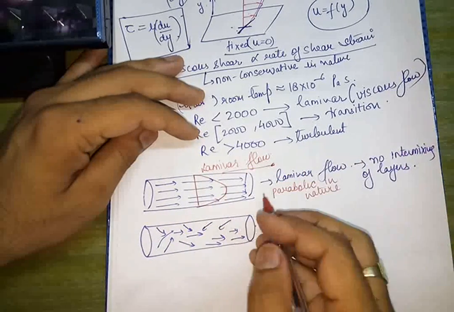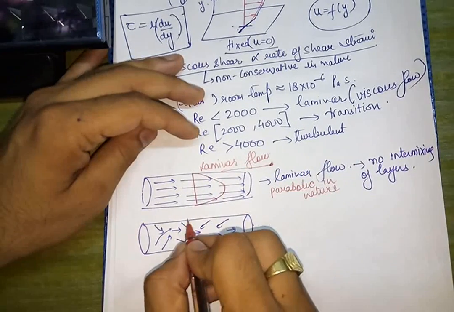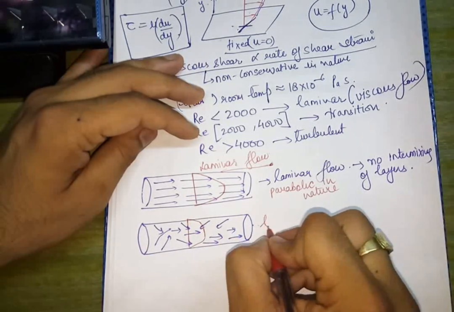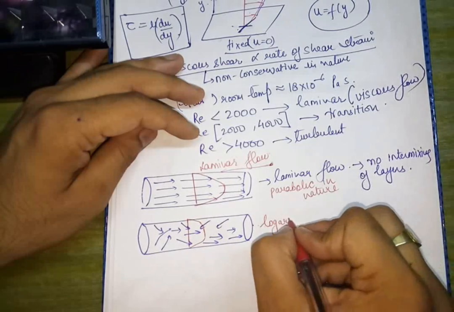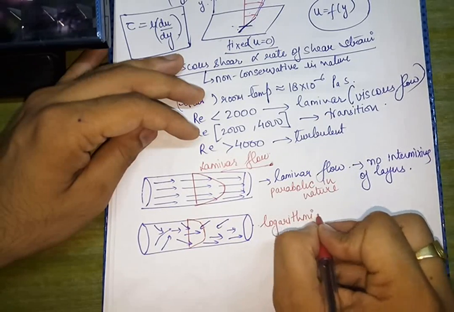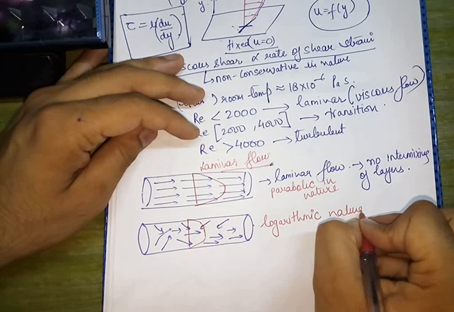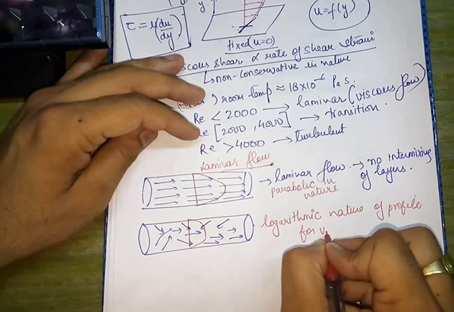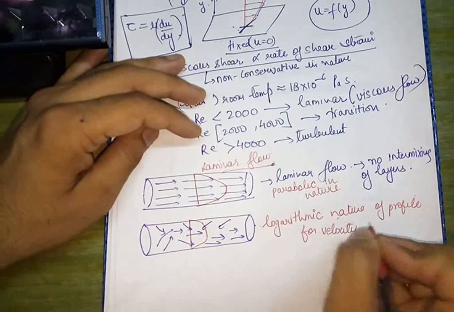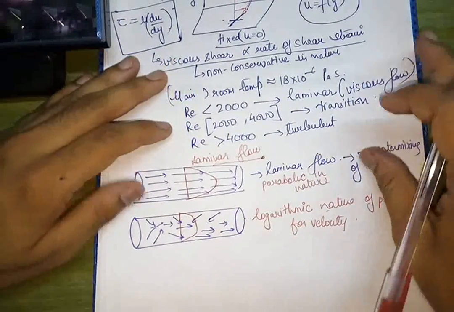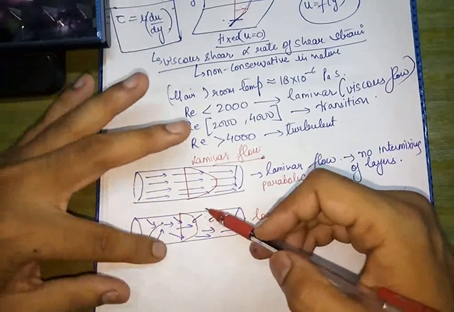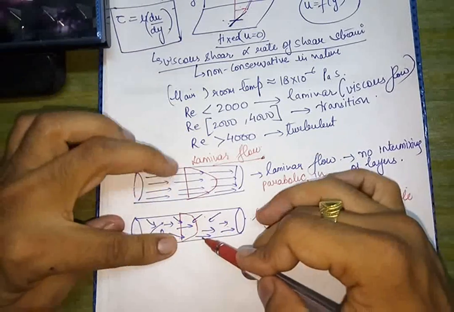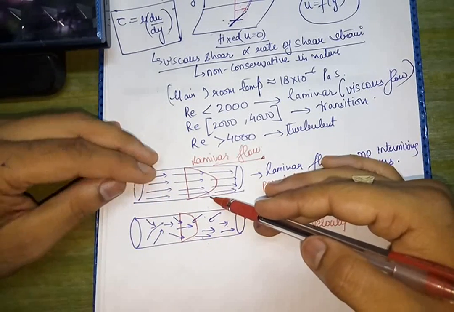Whereas if we talk about turbulent flow, then the velocity profile becomes flatter and it will be a logarithmic profile for velocity, such that there will be mass intermixing of the fluid particles between these layers, and chunks of fluid particles will jump from one layer and enter the other layers.